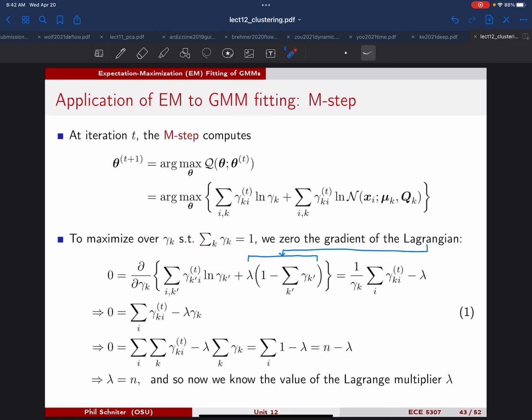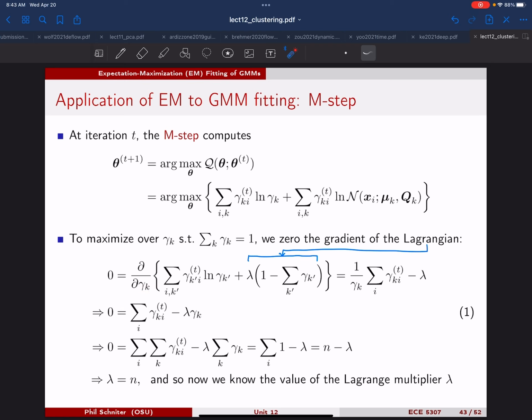So to enforce that, we add a new variable, lambda, the Lagrange multiplier, and we multiply that by this constraint, rearranged until something equals 0. We want that this equals 0. And this is our new cost function, and we would like to set the derivative of this to 0 with respect to both gamma k as well as lambda.